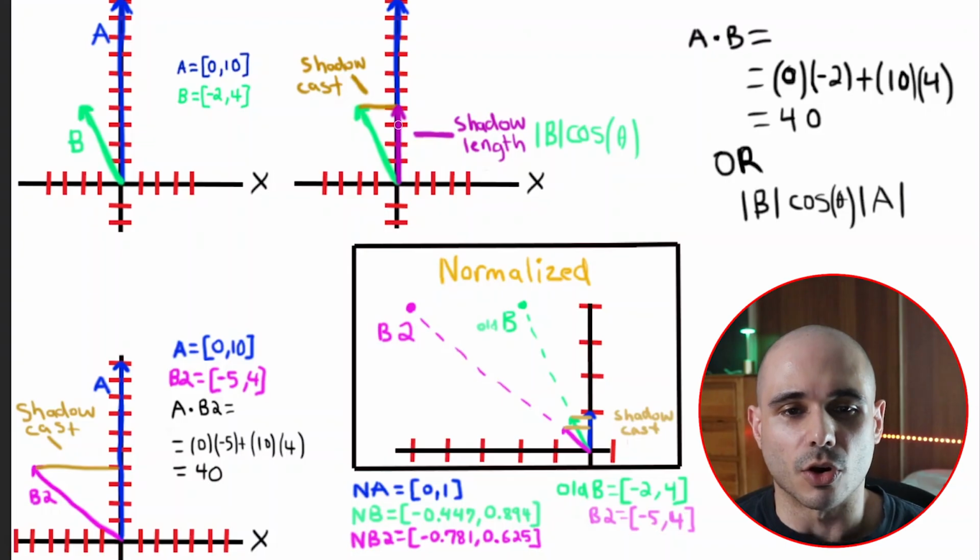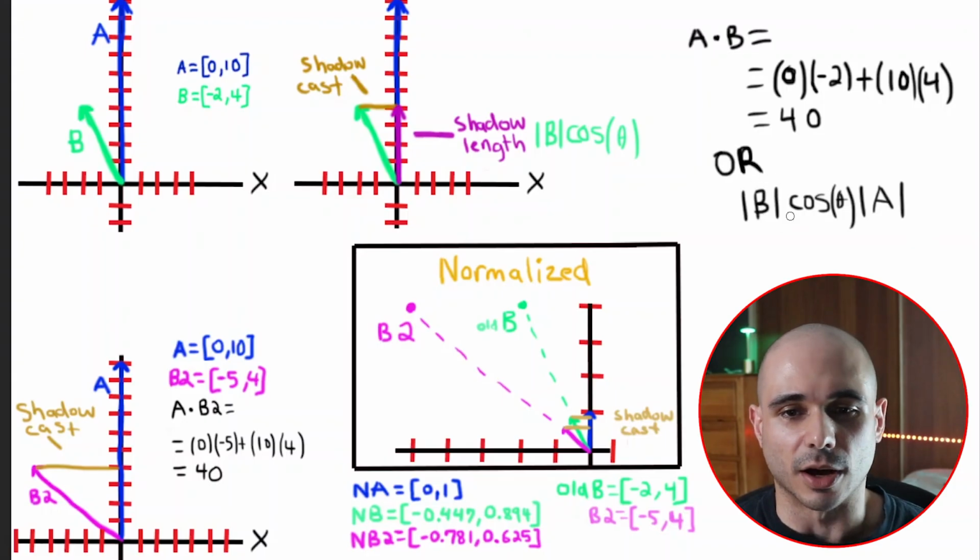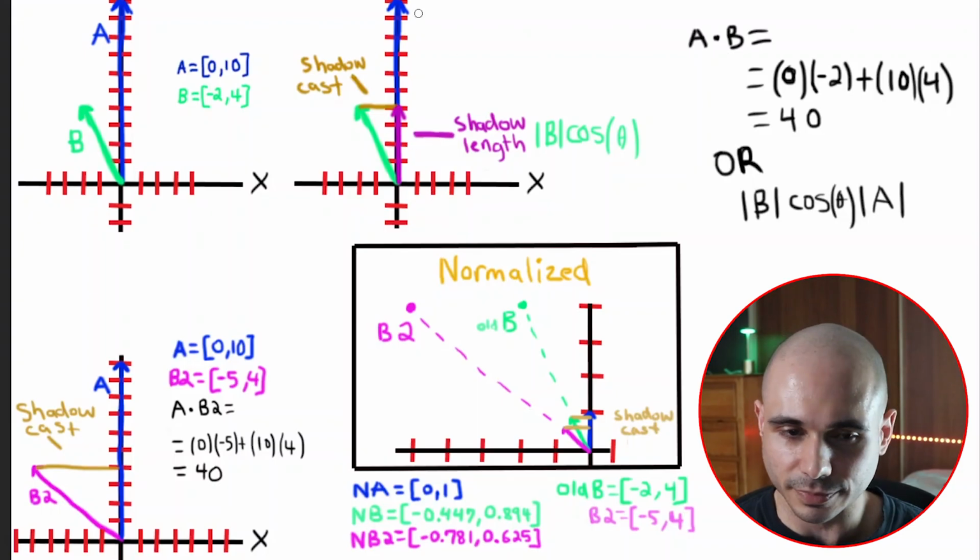So we can see how much of this shadow is on A. Then all we have to do is multiply that shadow length by the whole length of A. So we have the little equation here. That's the magnitude of B times the cosine of the angle, which is that shadow length, and then we multiply that by the magnitude of A.